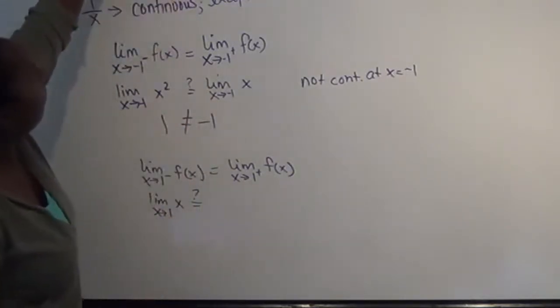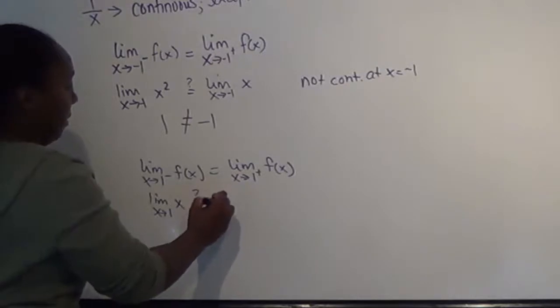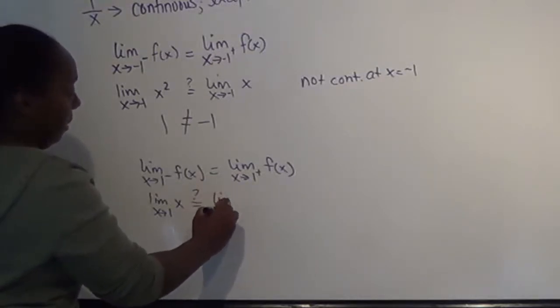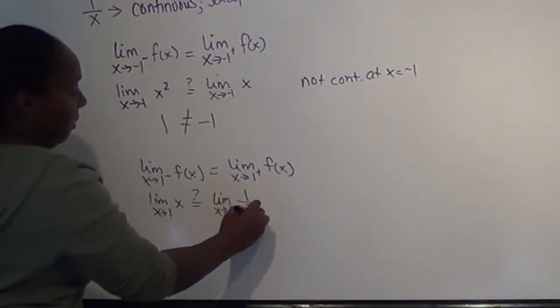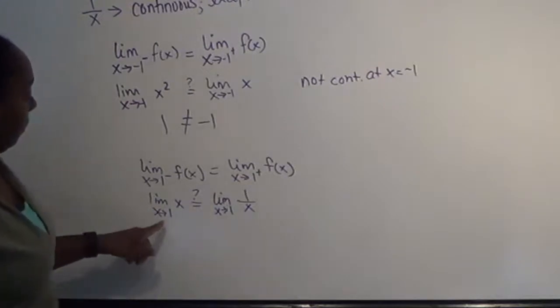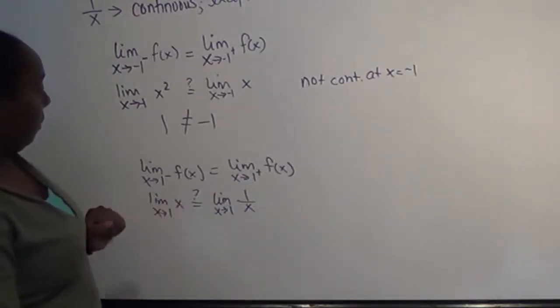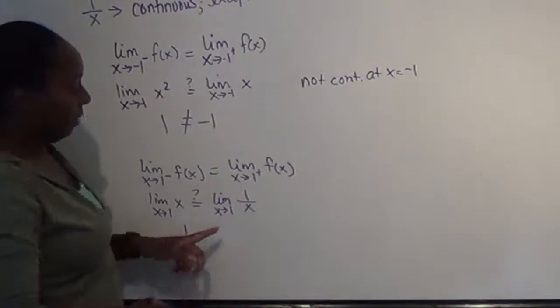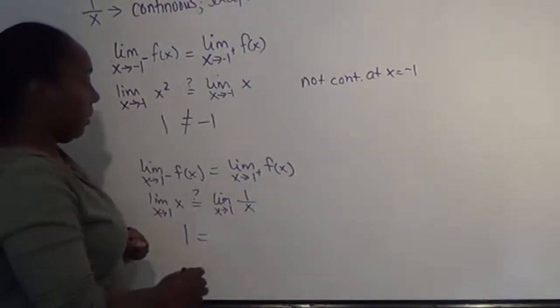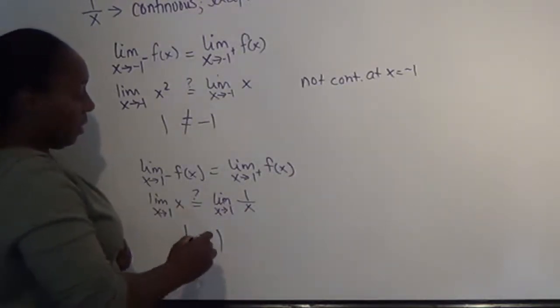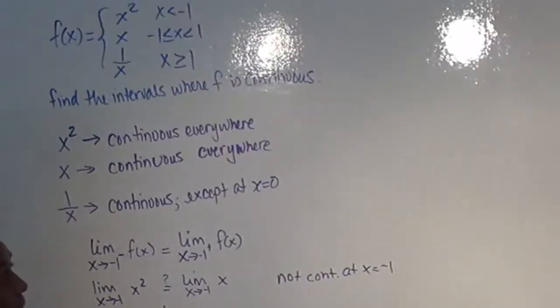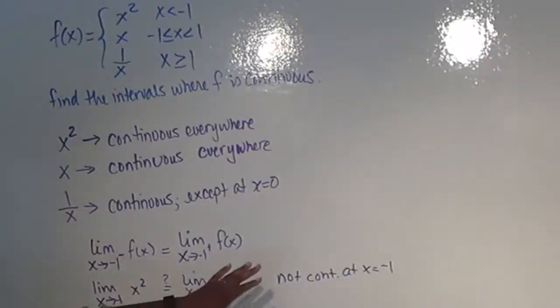And on the right, we're looking at the 1 over x. Okay, and so here we can see if we put in 1, we'll get a 1. Same thing, limit of 1 over x going to 1 is 1. So this one works. So in this case, we have 2 points of discontinuity.